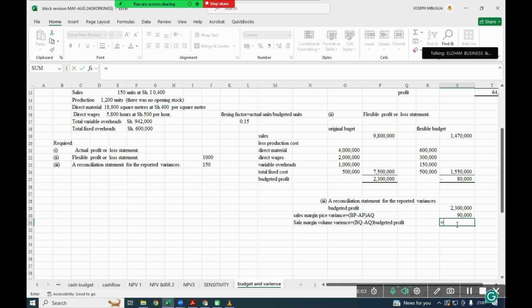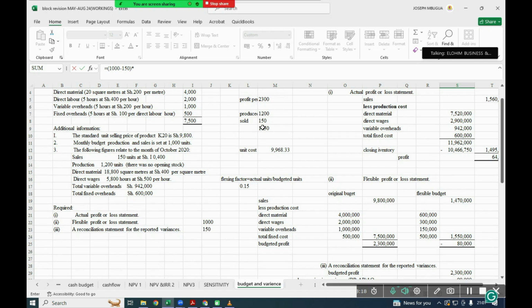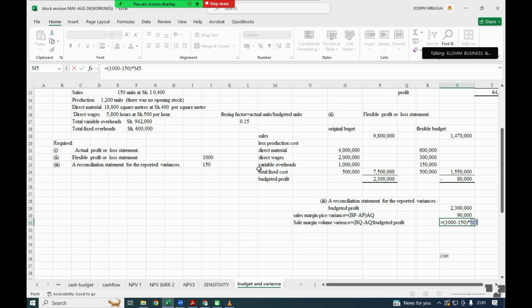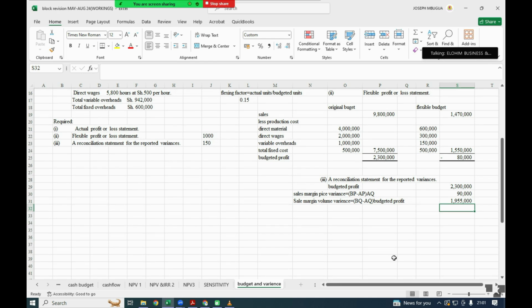Therefore, in this case, we had budgeted to sell 1,000 units. We ended up selling 150. And the profit per unit is 2,300. In this case, again, it will be the opposite, because we sold less.